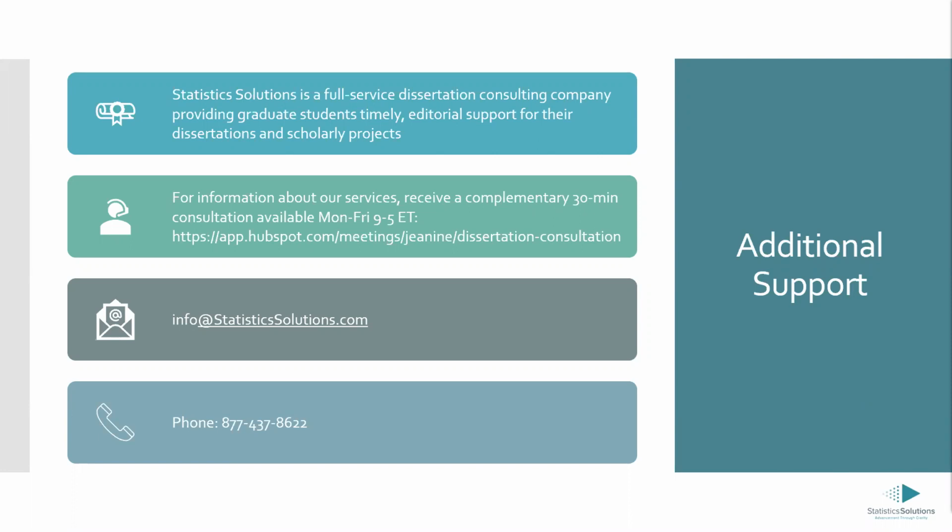And another good resource in terms of figuring out what information is appropriate to include in your methodology section would be previously completed dissertations or papers from students who have recently graduated the program.